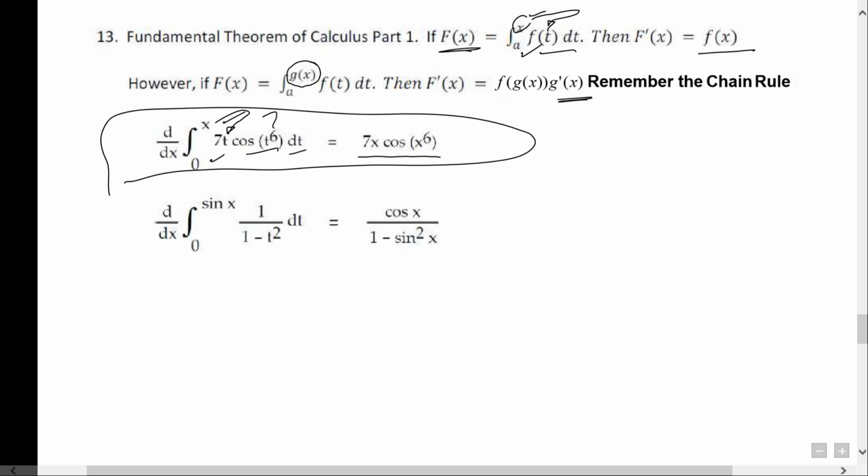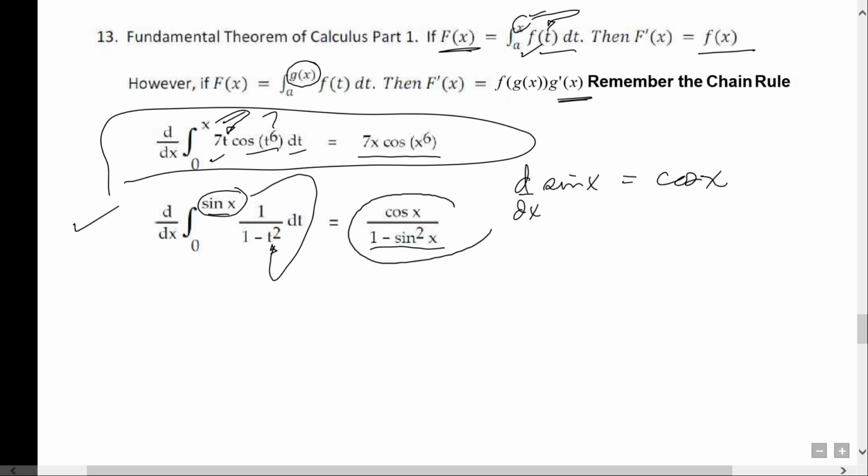However, if you have a function like the second one, in which you're taking d dx of the integral from 0 to sine of x, notice that sine of x is not just plain old x, so now we have to plug sine of x everywhere we see a t, and so we get 1 minus sine squared x in the denominator, but then we have to take d dx of sine of x, which is cosine of x, and multiply that times the result.